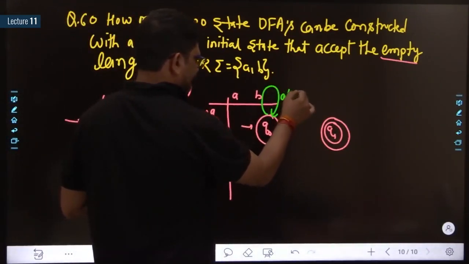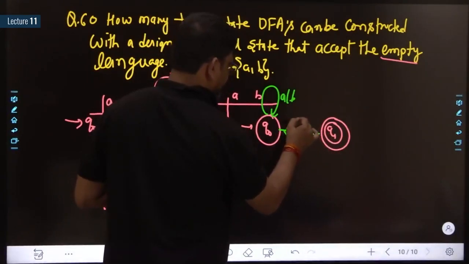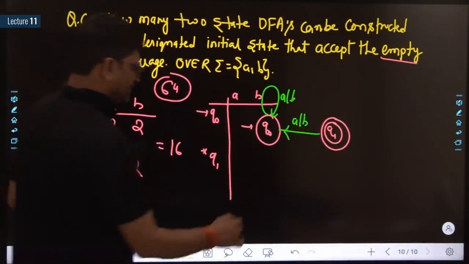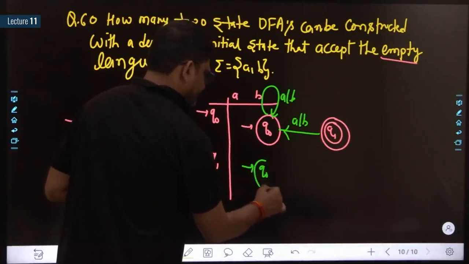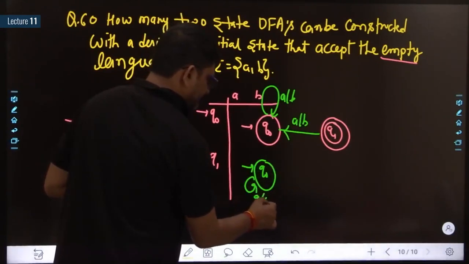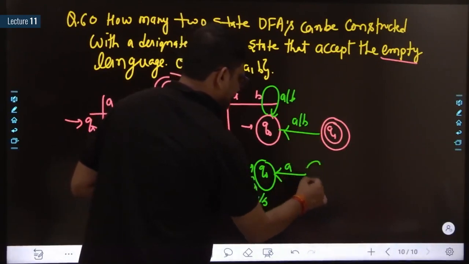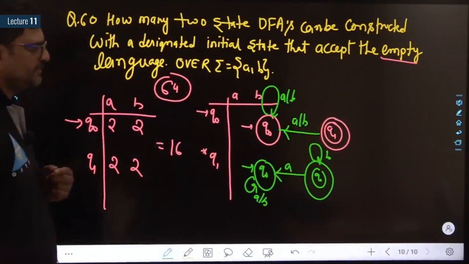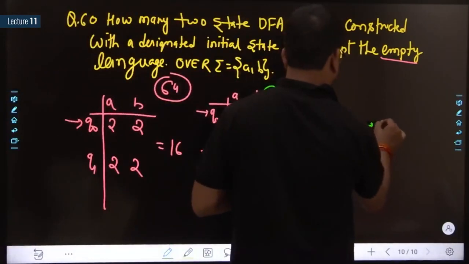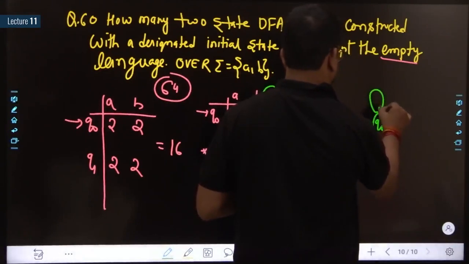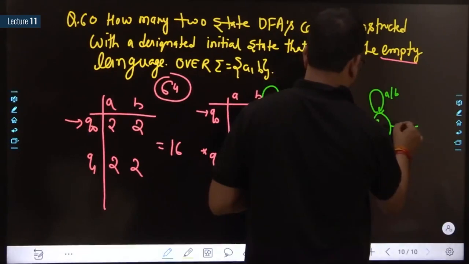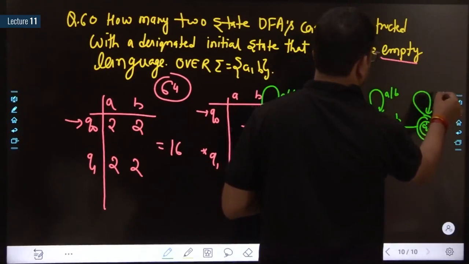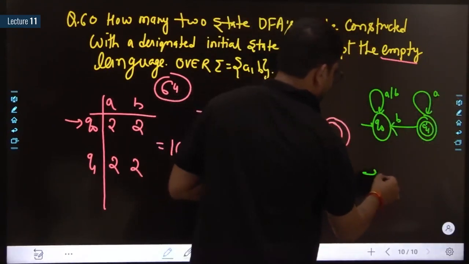A and B. First possibility is this. This does not accept any string. Clear? Next possibility, Q0, A and B, A, Q1, B is here. Next possibility, B, A. Next possibilities.